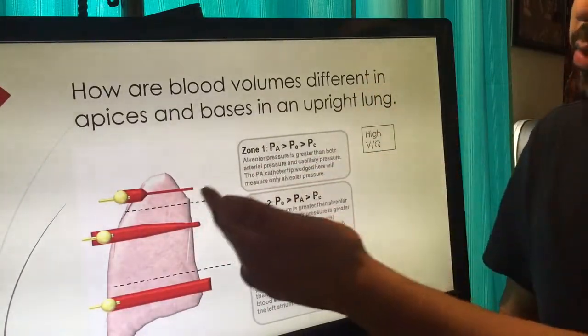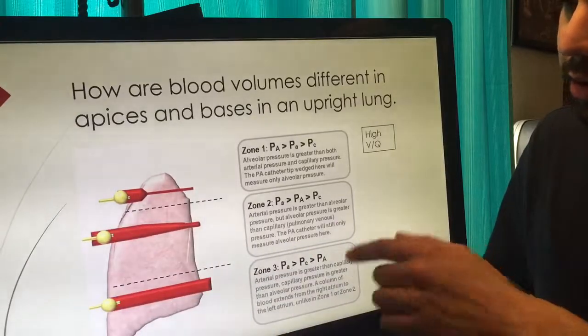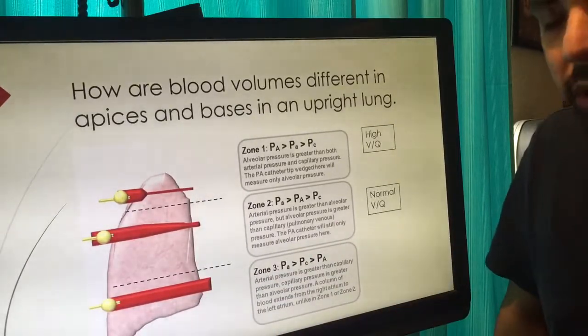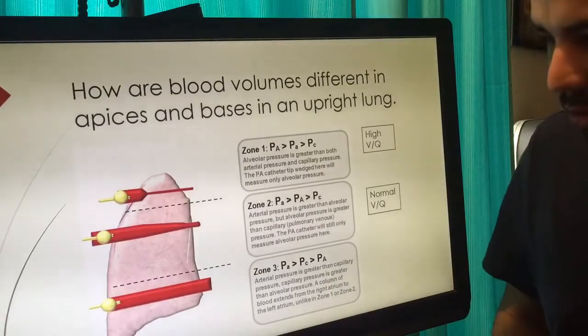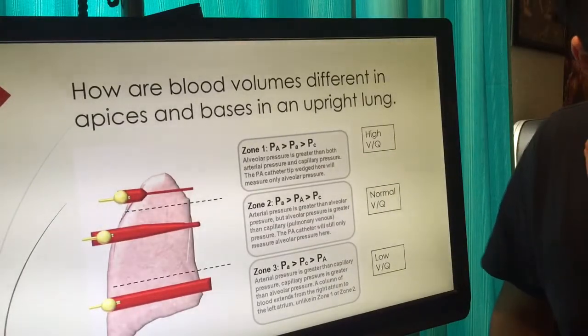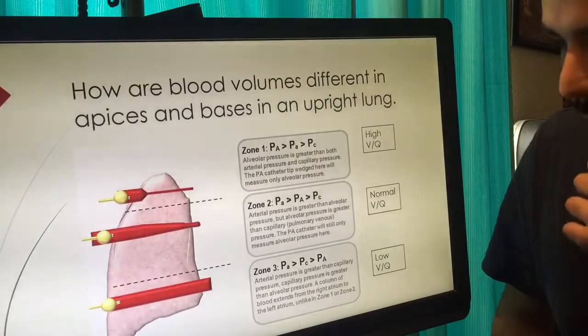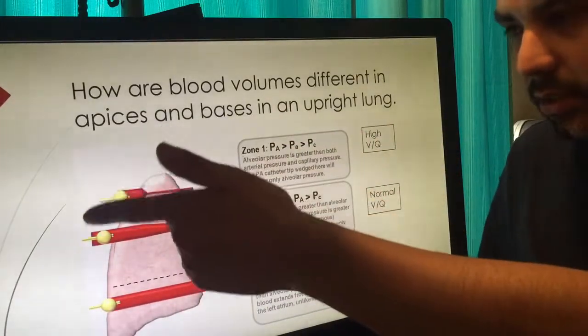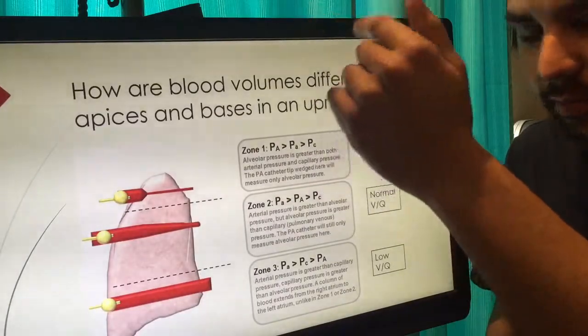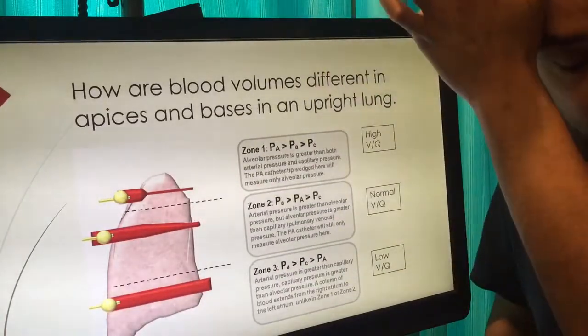And this is in an upright lung. So what happens going down to Zone 2? That's kind of just normal VQ. Normal blood flow is going down until it hits the bases. I should have mentioned that this is the dead space effect again. So like I said, ventilation but no perfusion is dead space.